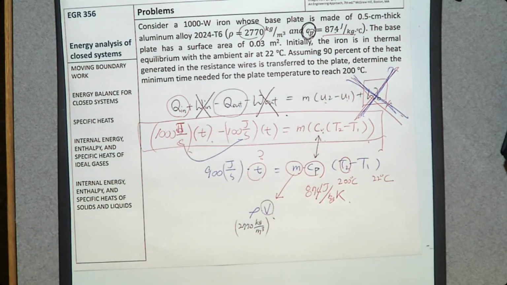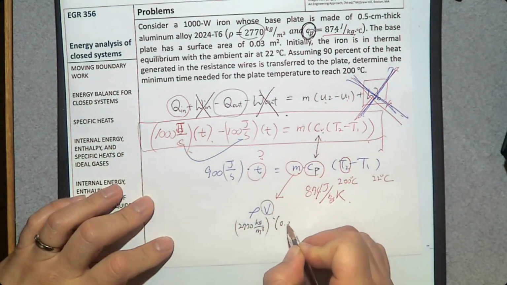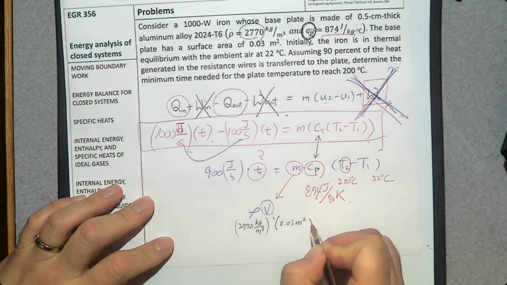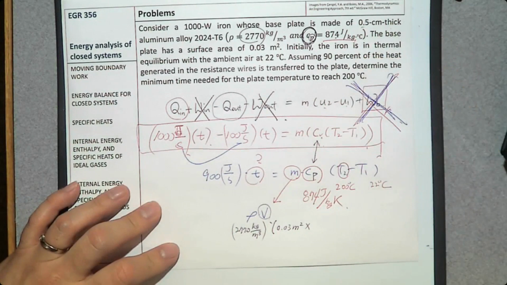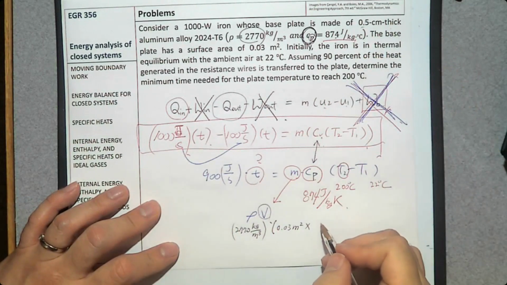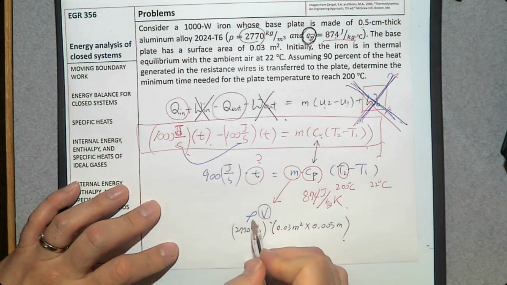We know the surface area and the thickness. So the surface area is 0.03 square meter times the thickness, 0.5 centimeters. 100 centimeters is 1 meter, so it's going to be 0.005 meter. That is the volume.